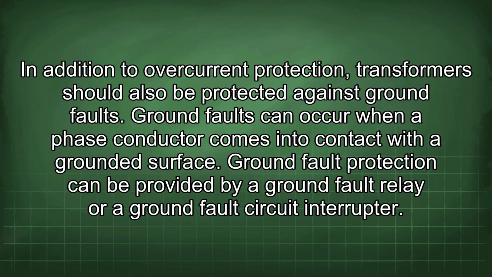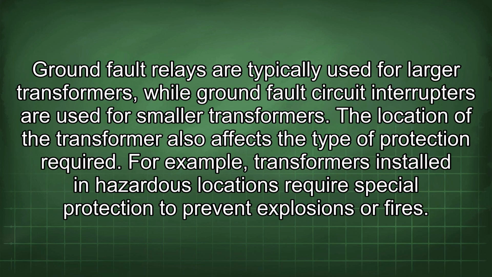In addition to overcurrent protection, transformers should also be protected against ground faults. Ground faults can occur when a phase conductor comes into contact with a grounded surface. Ground fault protection can be provided by a ground fault relay or a ground fault circuit interrupter. Ground fault relays are typically used for larger transformers, while ground fault circuit interrupters are used for smaller transformers.